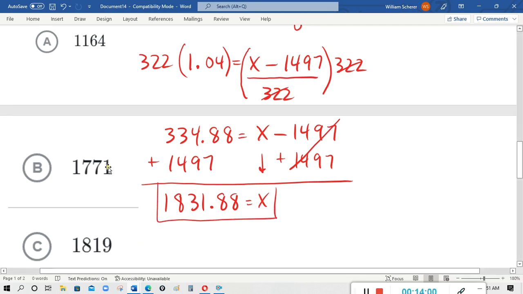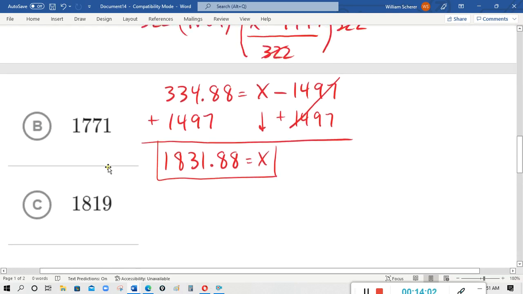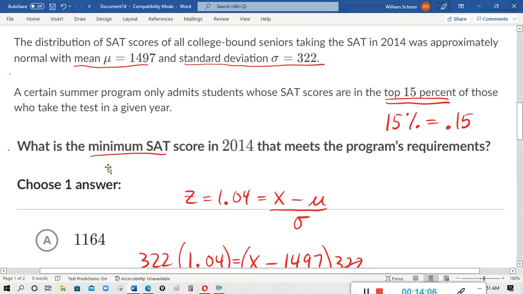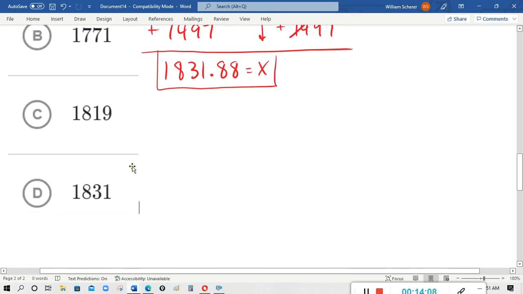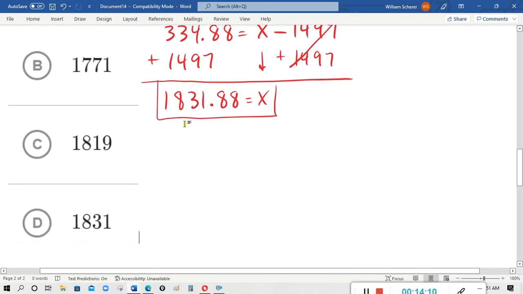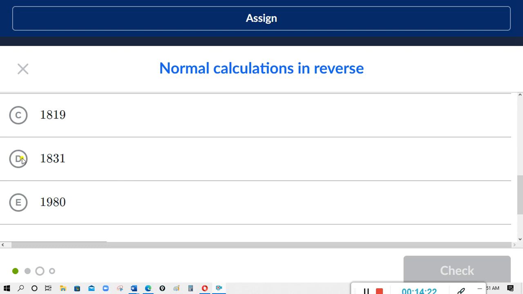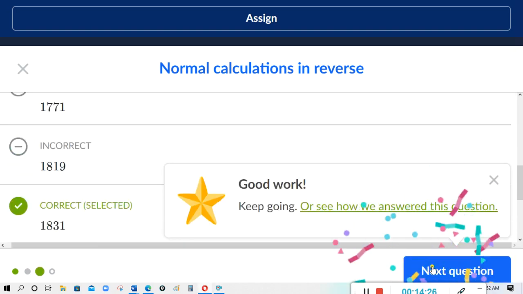Now, obviously, we have to choose the closest answer. It didn't say to round, but obviously we have to round. 1831.88, I'm thinking the closest answer is answer D. Let me just make sure here. Okay, good.